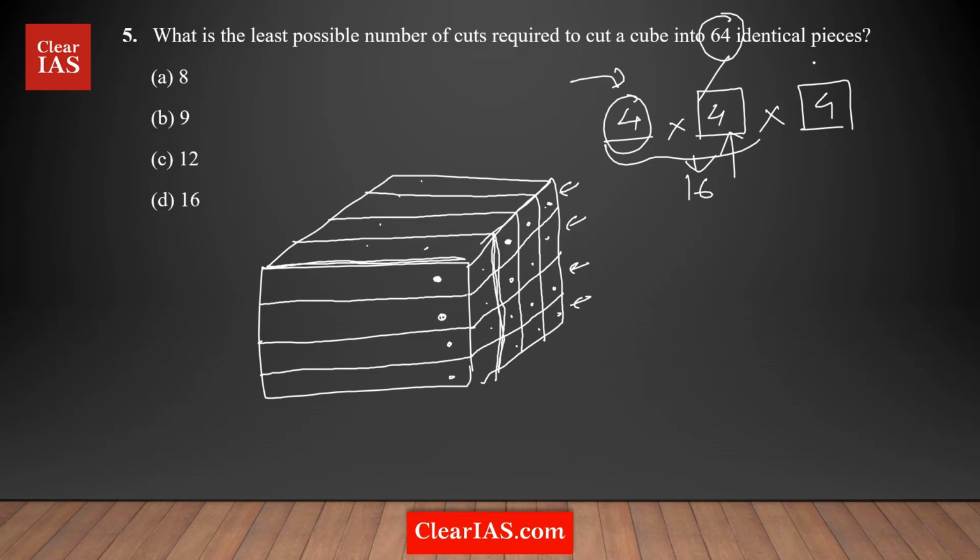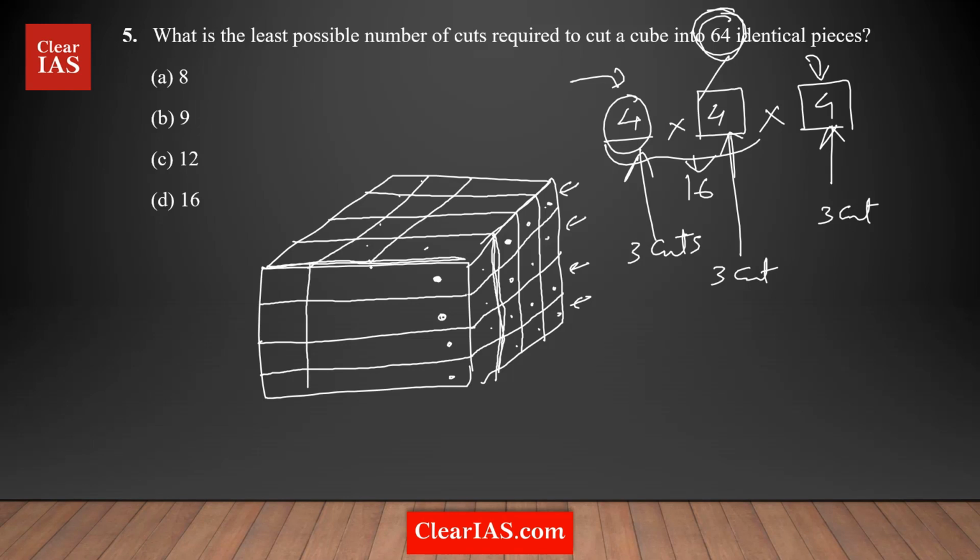Again, you just keep in mind you need a total of 64, and right now we have 16. Another axis is there along the height. You need 4 here, that is 3 cuts along the height. This is also 3 cuts along the breadth, and 3 cuts along the length. See, I'm doing it like this: first cut, second one, the third one.